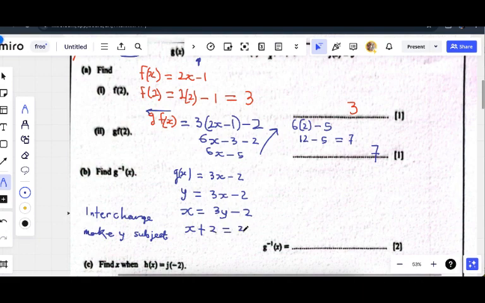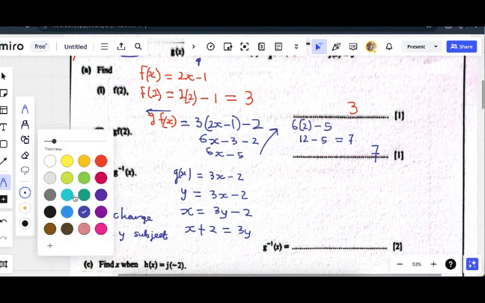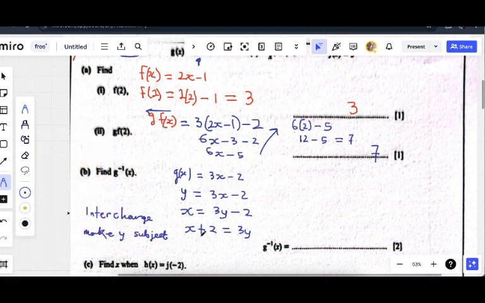After that, you divide both sides by 3 because you want y to be the boss. So we divide here by 3, we divide here also by 3.